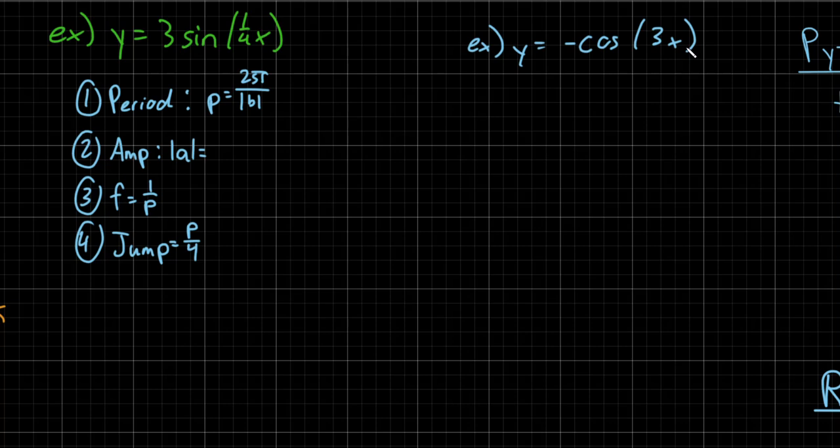The P. No. That's about it. 1 over, what's 1 over 2 pi? Multiply both sides. Just erase that.